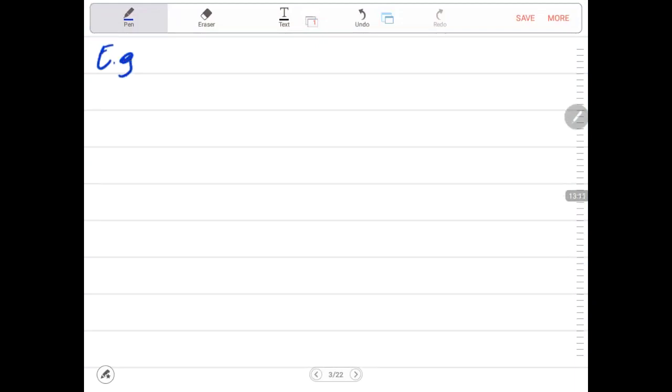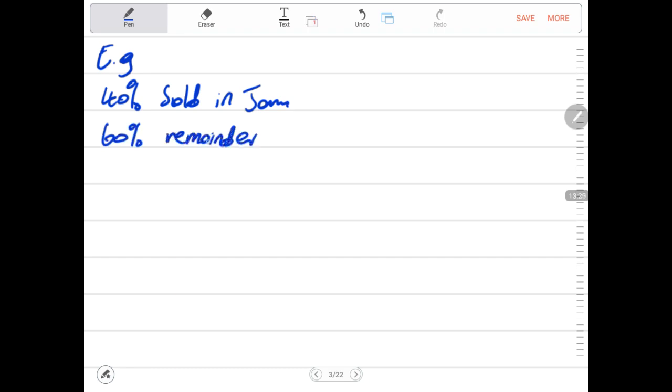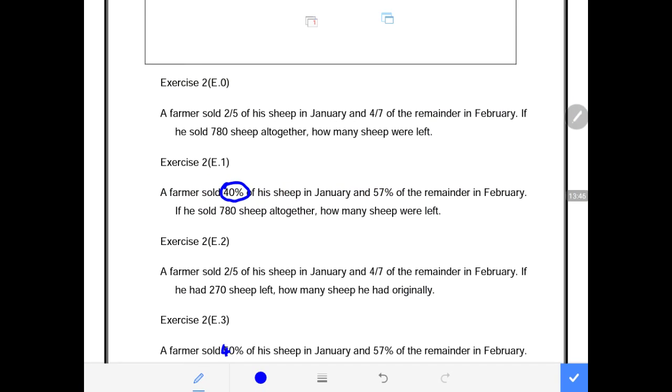That means if 40% is sold in January, how much percentage will remain? 60% will remain. 60% is the remainder of the sheep at the end of January, becoming the opening inventory of sheep in the month of February. So that is the percentage remainder and the percentage that is sold. Obviously, if you sell 40%, then 60% will be left.